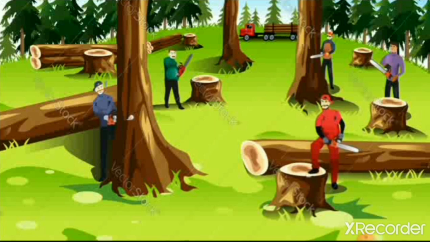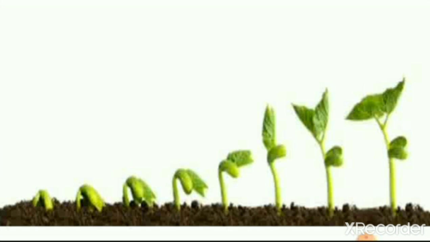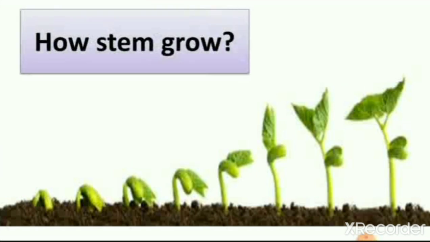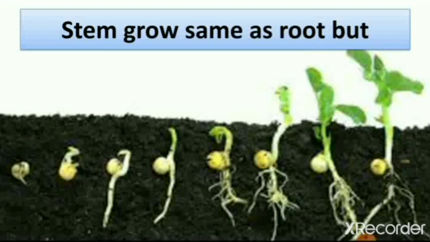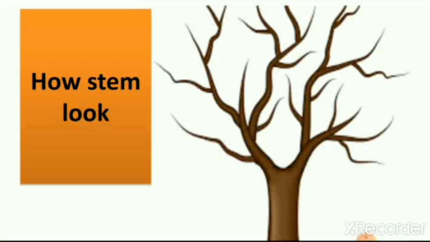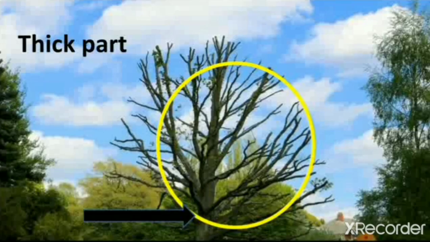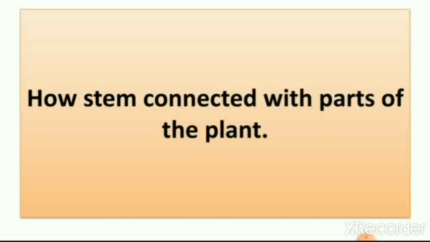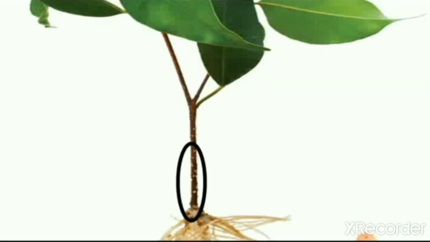Different types of roots, and about stem. Here is the picture of stem, how stem grows on ground and how root grows underground. How stem looks, thick part of the plant, stem connected with the parts of the plant.